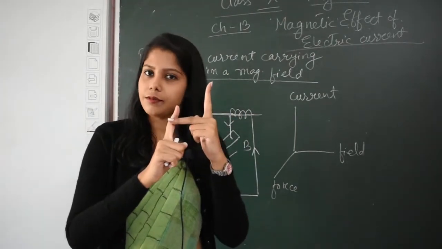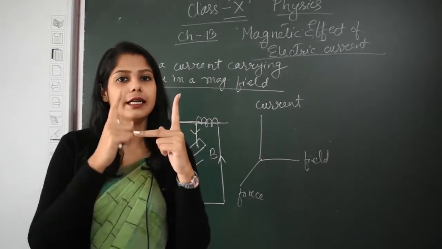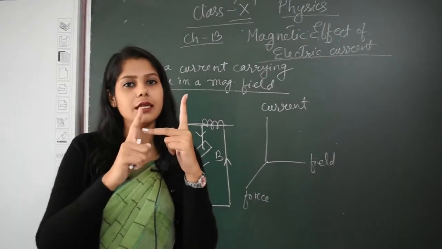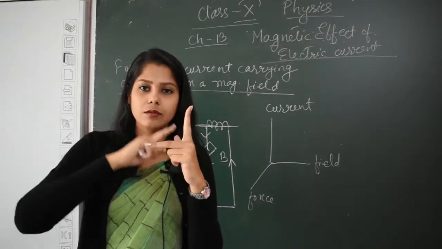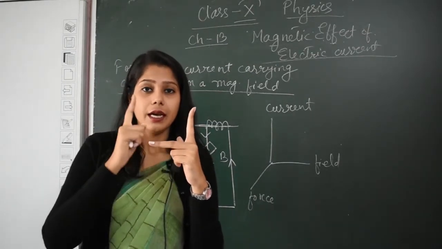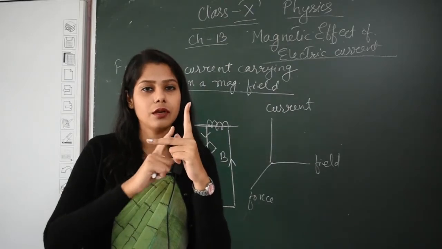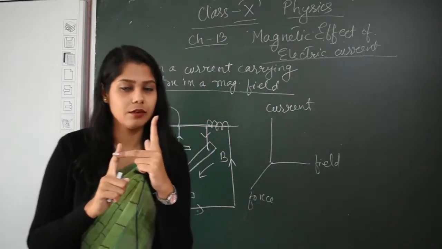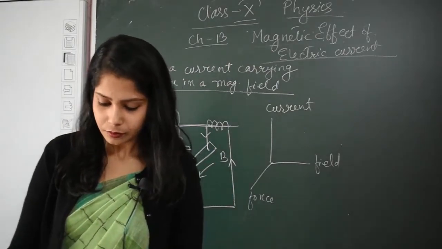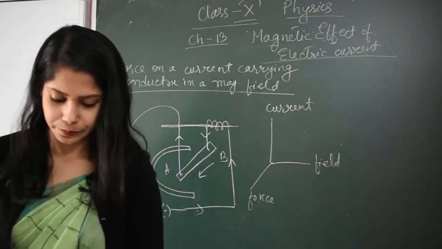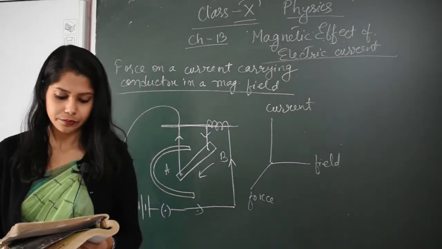If two of them are given, like the current and the magnetic field, which are perpendicular, then the force is also perpendicular to current and the magnetic field. We can find which is in which direction with Fleming's left hand rule.